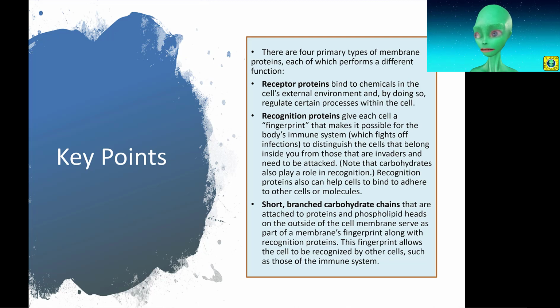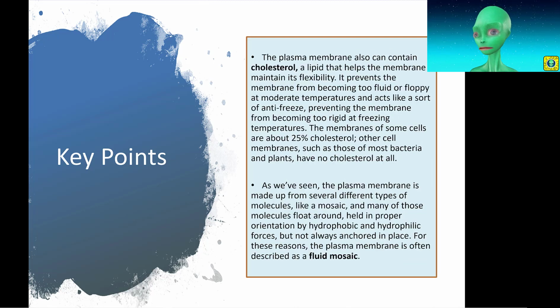So all of these things play into recognition, and it's an important part of that fluid mosaic. The plasma membrane can also contain cholesterol, which helps the membrane maintain its flexibility. It stiffens it, prevents the membrane from becoming too fluid or too floppy, and it also adds an antifreeze-like characteristic.